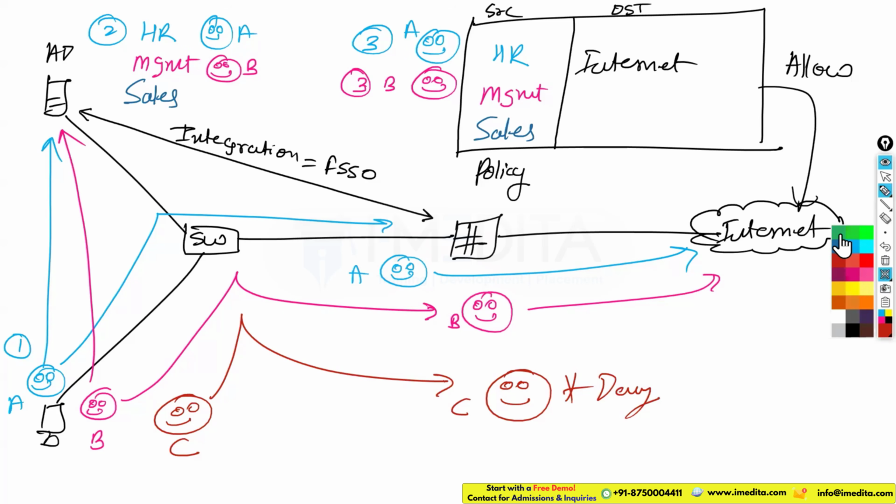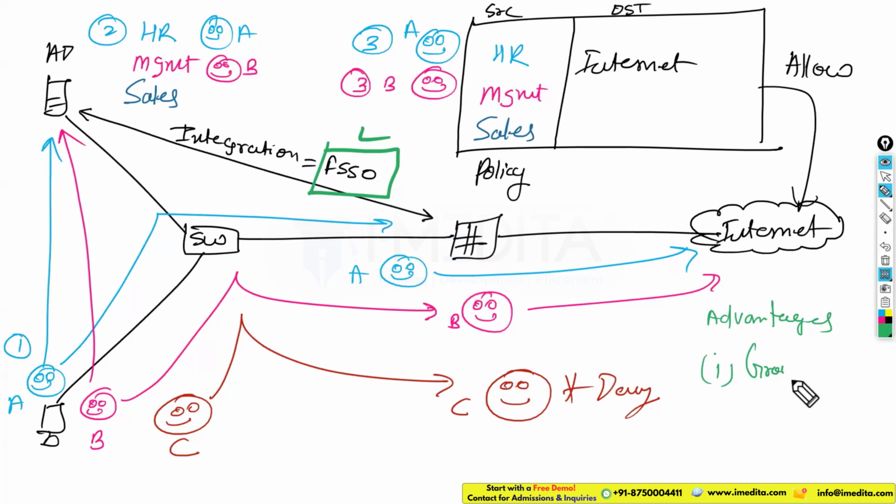So what have we achieved? We have achieved the FSSO advantages. First, group-based policy. We are deploying group-based policy on the FortiGate firewall. Second, accurate user information. When on the firewall there is a log, in the log we can see whether the user is A, B, or who.